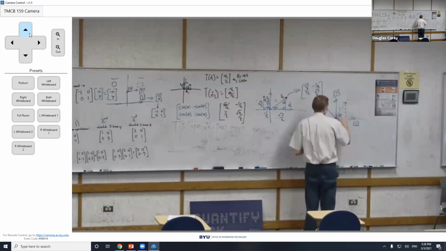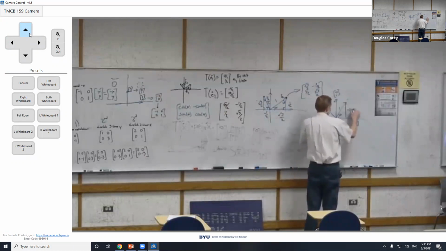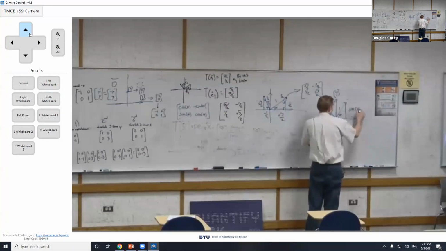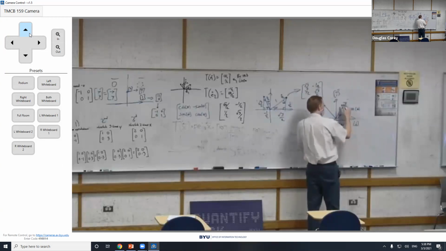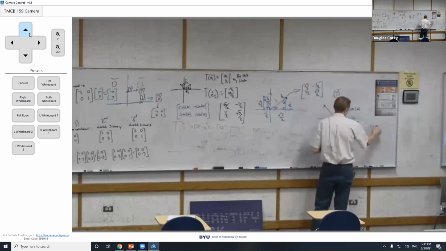Where did this go? Well, this length is 1. You may remember from the unit circle, this length is sine of theta, and this length is cosine of theta. So the coordinates of where this basis vector goes are cosine of theta, sine of theta.